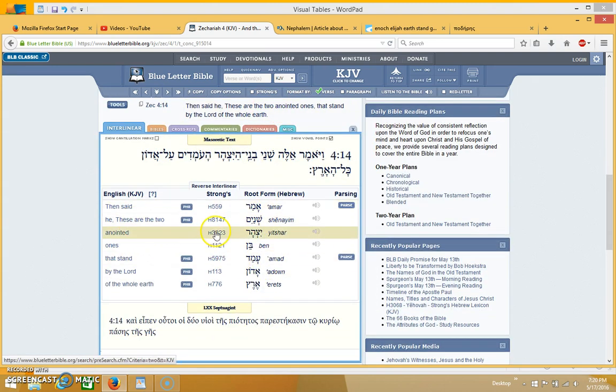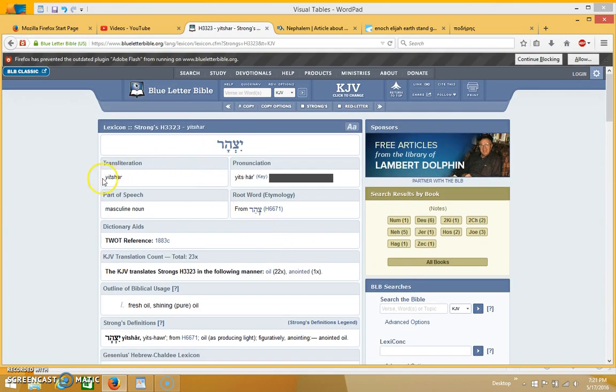Over here in the Hebrew, it actually translates as the 2 sons. This word right here, this word ben, means sons of the oil. This word in the Hebrew, I believe it's pronounced Yitshar, refers to a fresh oil, a shining, pure oil.